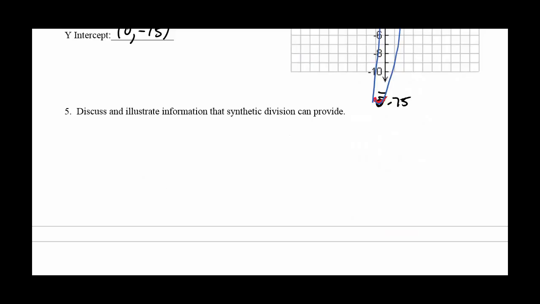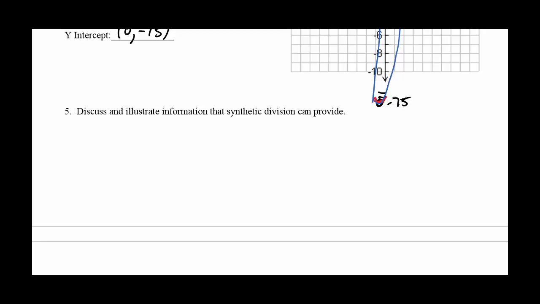All right, number 5. The intention behind this question is just to remind you what all different things we can use synthetic division for. Obviously division, but as far as this review goes, I'm just reminding you of the big picture. Whatever I'm going to ask you to do is going to be some sort of theory-based question dealing with synthetic division.